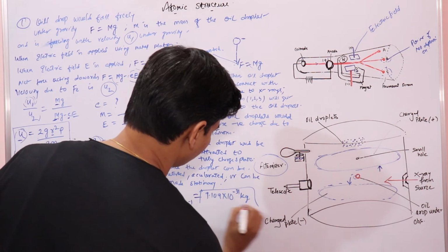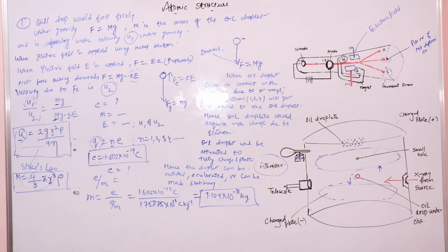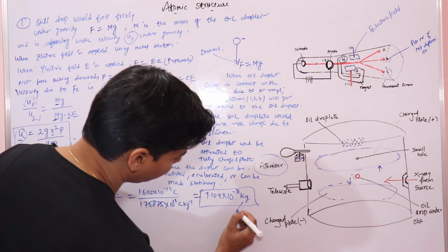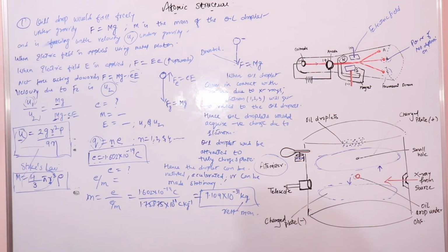This is the value of the mass of an electron, right? And this mass is called the rest mass. Why do we call it a rest mass? Because it is moving with a speed much smaller than that of light. We also call this the rest mass, right?